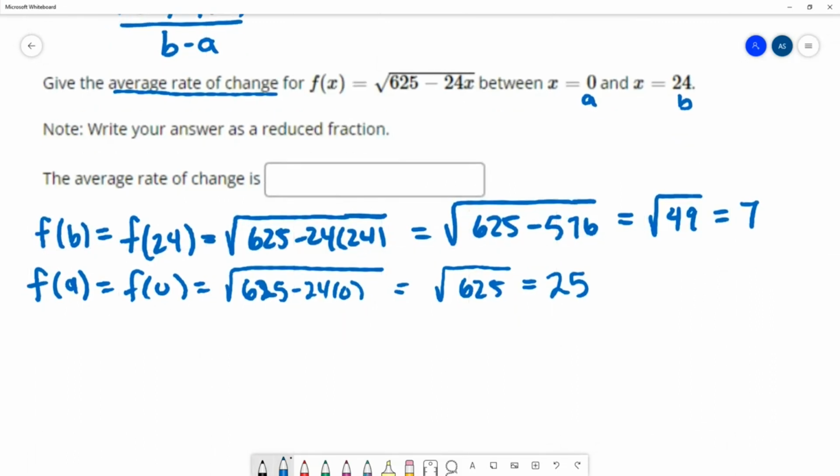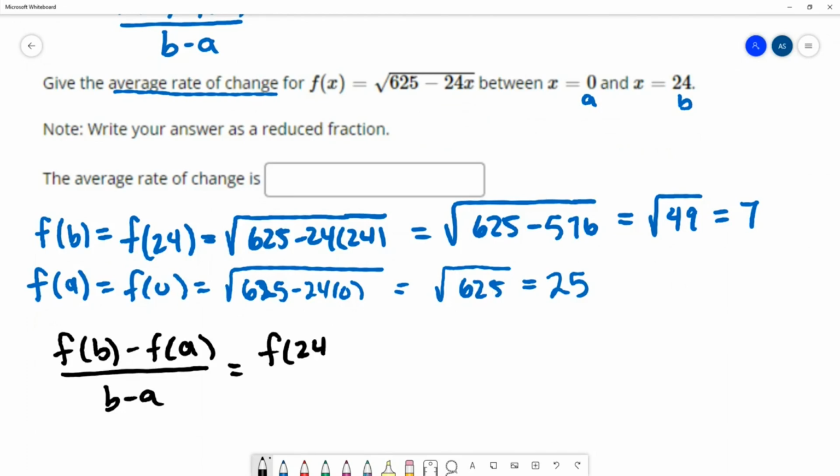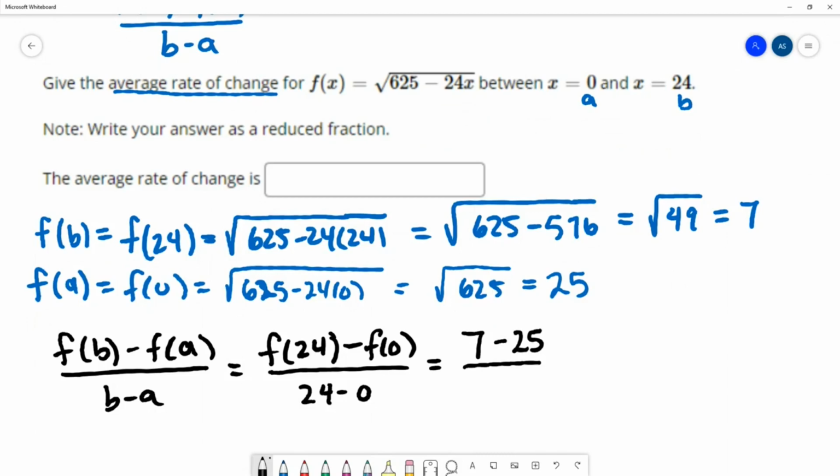So now when we use our formula for calculating average rate of change, f of b minus f of a over b minus a, that's f of 24 minus f of 0 over 24 minus 0. We found f of 24 to be 7, f of 0 to be 25, and 24 minus 0 is 24.